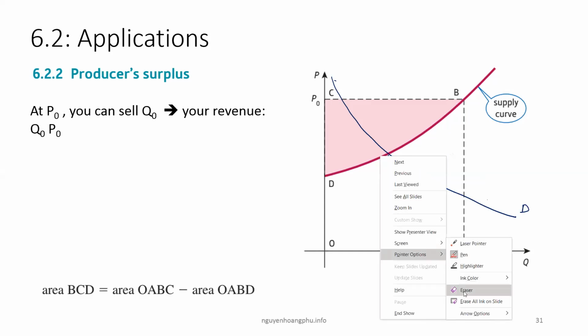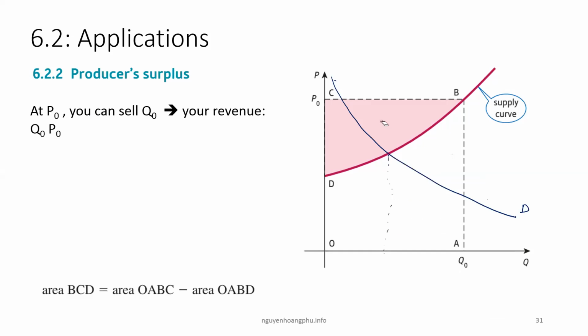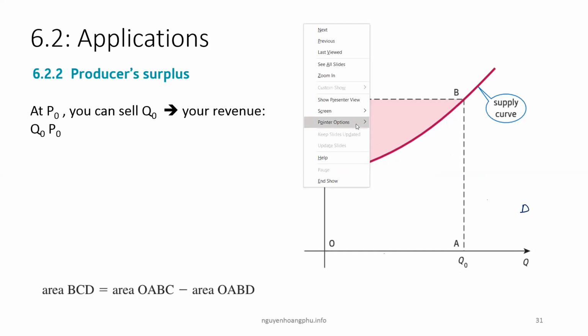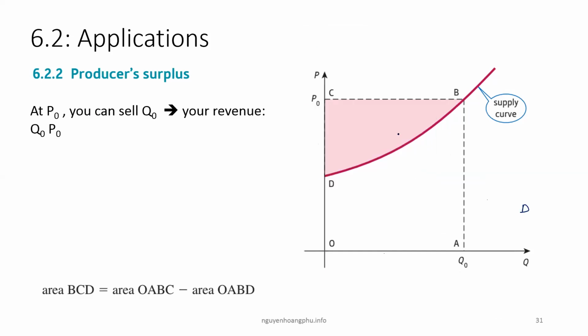Supply curves also have a supplier or producer surplus, PS.